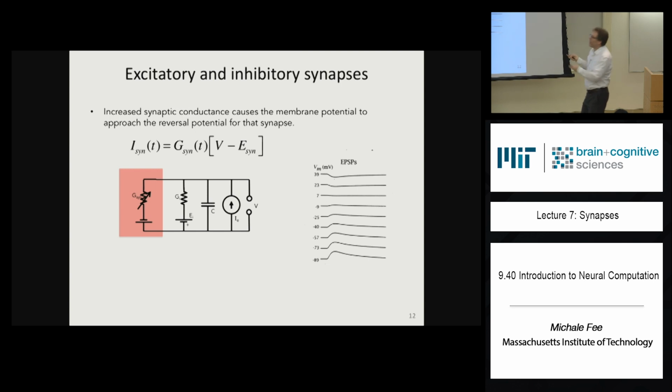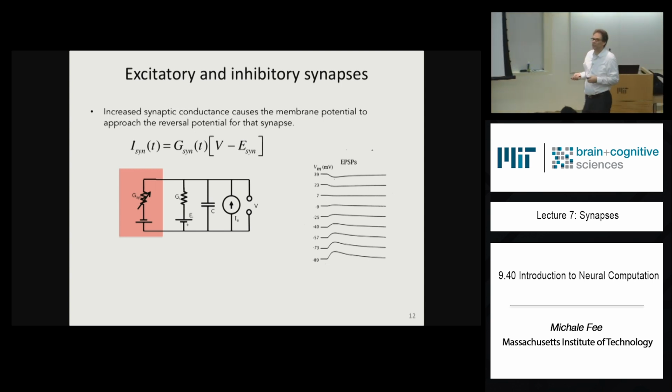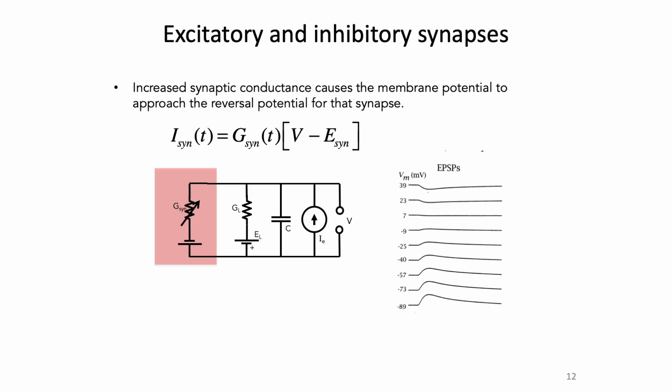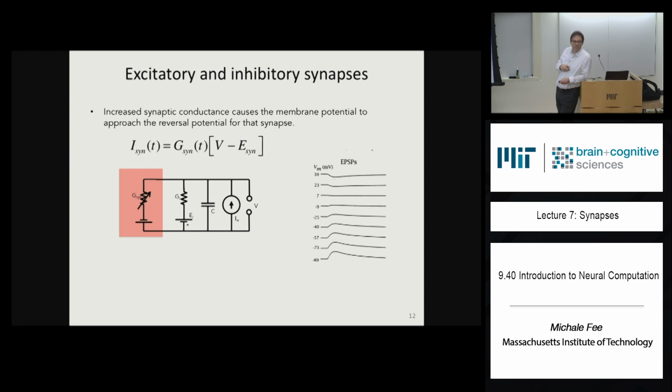Great question. You're talking about up here. Let me back up and explain one thing that maybe I didn't explain very well. In this experiment, we're injecting current through our current electrode to hold the cell at different voltages while we stimulate the synapse.